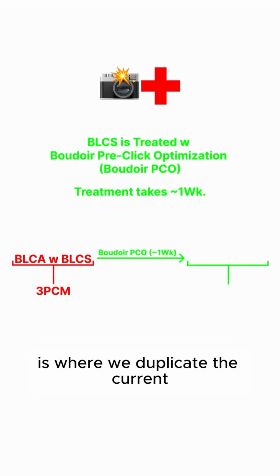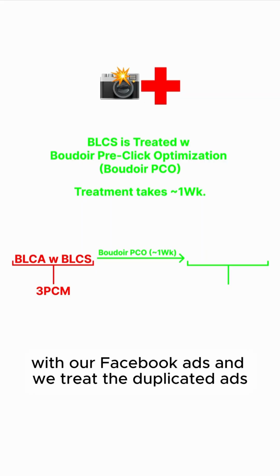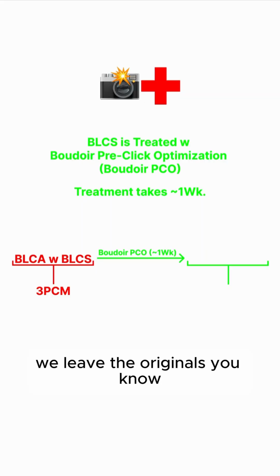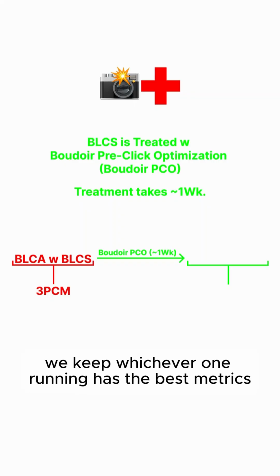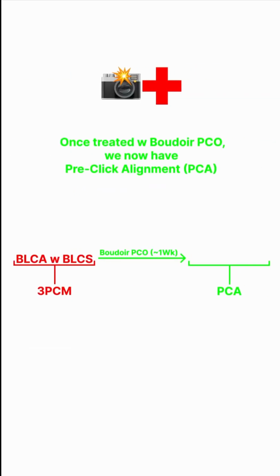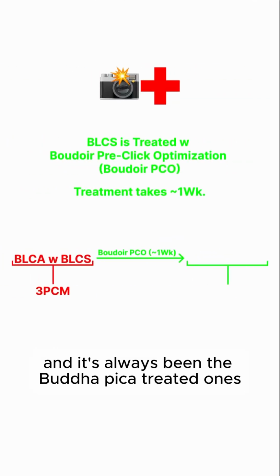This is where we duplicate the current boudoir Facebook ads and we treat the duplicated ads. We leave the originals on or off, whatever. At the end of the week, we keep whichever one running has the best metrics, and it's always been the boudoir PICO treated ones.